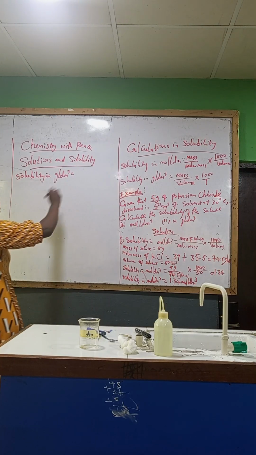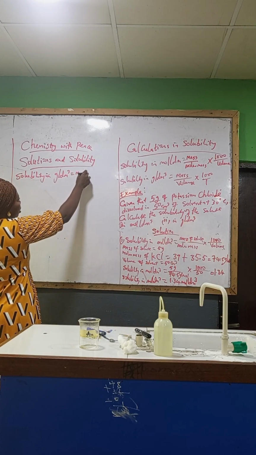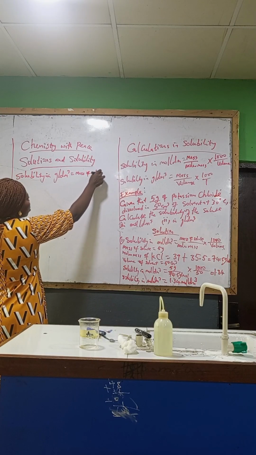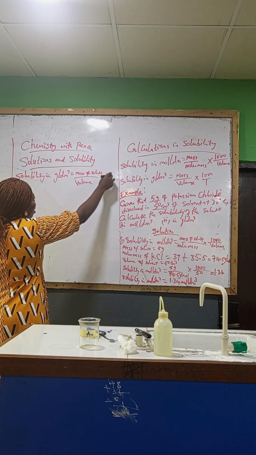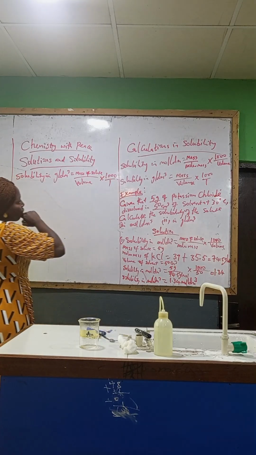Solubility in gram per dm cube is equal to mass of solute over volume times 1000 over 1.